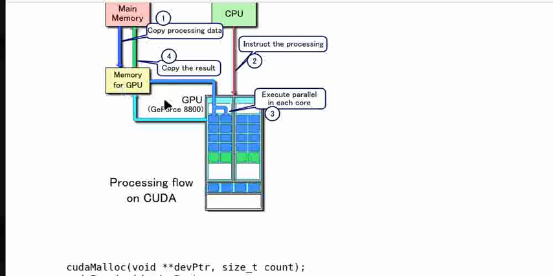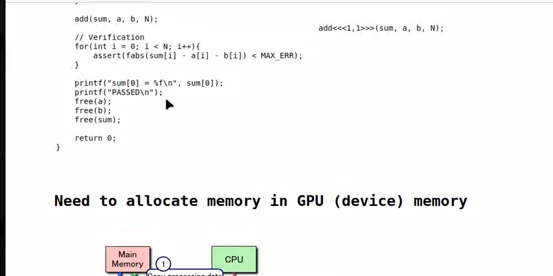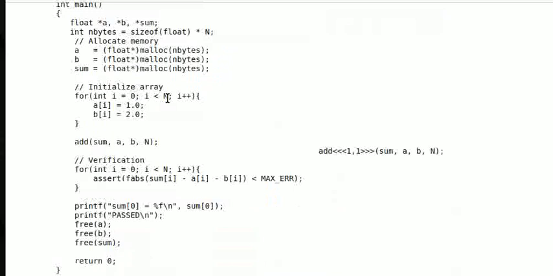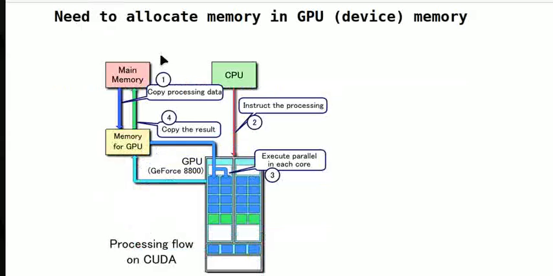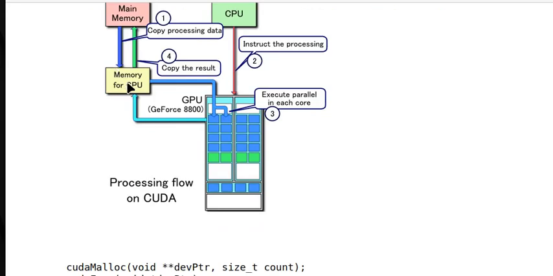But here we allocate the memory in the main memory. So that's why we get an error. So what we need to do is allocate the memory in the GPU, also called device memory. Allocate memory here, and then when we get the result, we copy the result back to main memory.